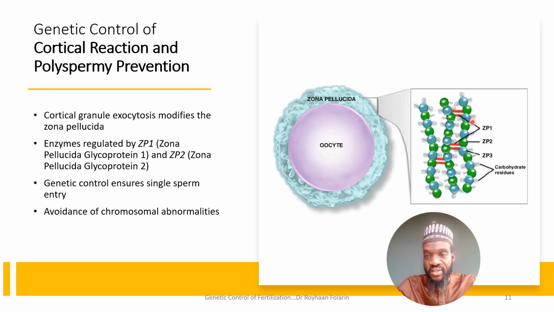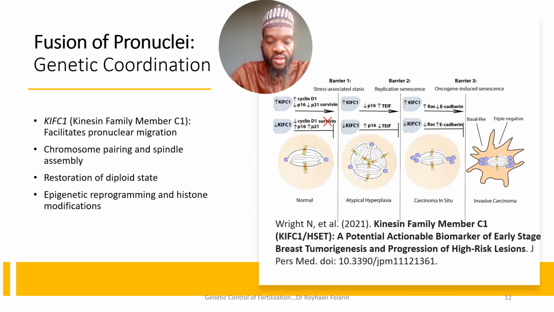You find that happening here. This is ZP1, this is ZP2. Remember, ZP3 is the one that mediates the actual binding of the lucky sperm. While ZP3 ensures the actual binding, ZP1 and ZP2 prevent polyspermy, so that only one sperm fertilizes the egg, avoiding chromosomal abnormalities.